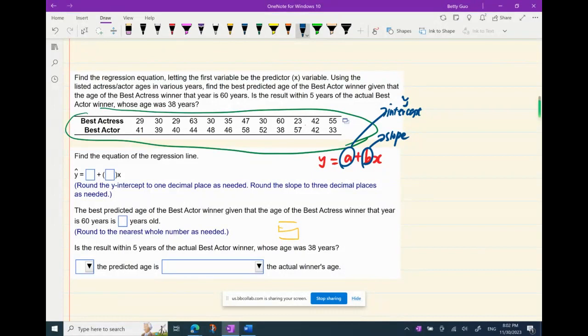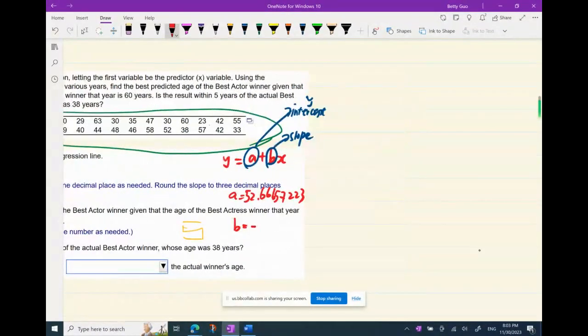Then you know how to round it. I see the value of A is 52.66657.223. My B is negative. Negative slope means the line goes down.